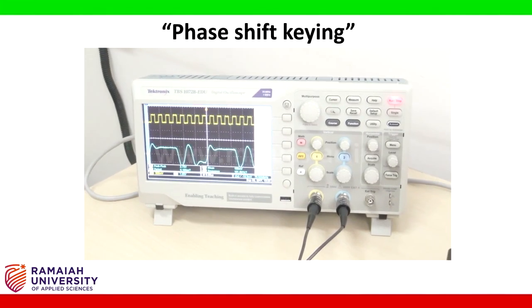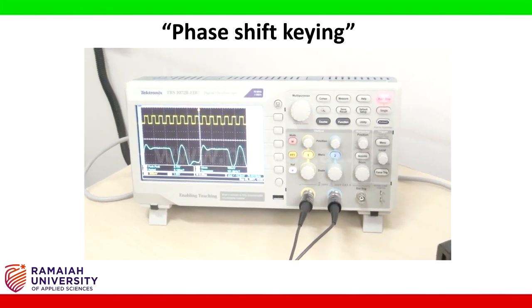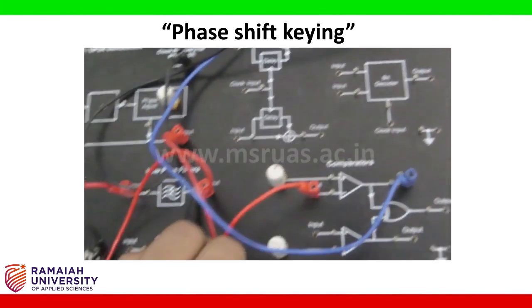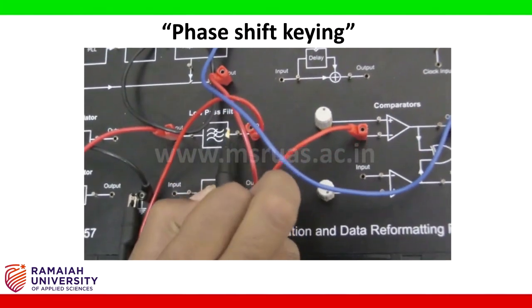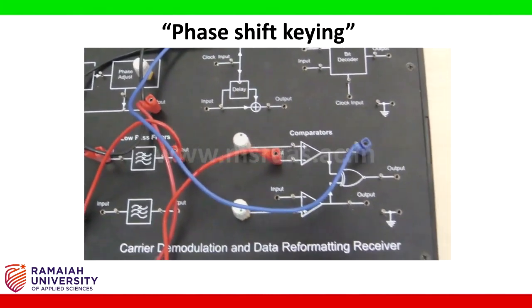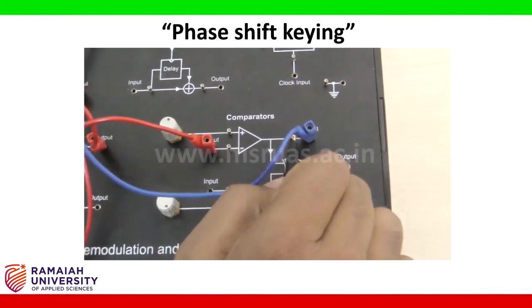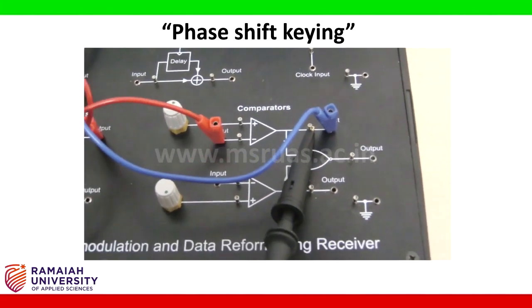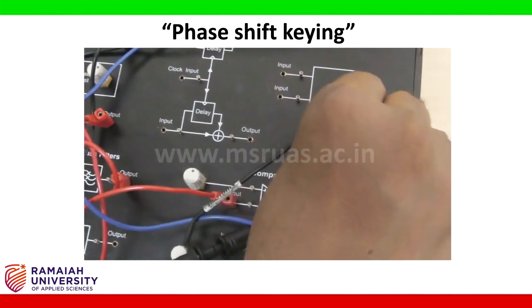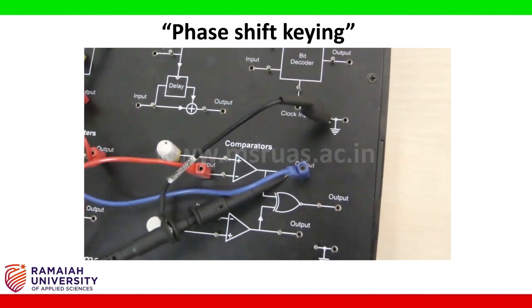Then remove the channel 2 probe from the output of the low pass filter and connect it to the output of the comparator, and the negative to the ground.